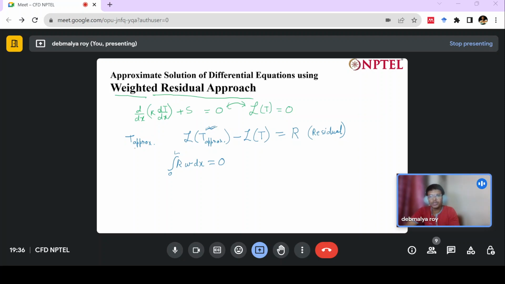So if this T approximate has some kind of parameters attached to it, we can evaluate from this particular equation that we have arrived at.